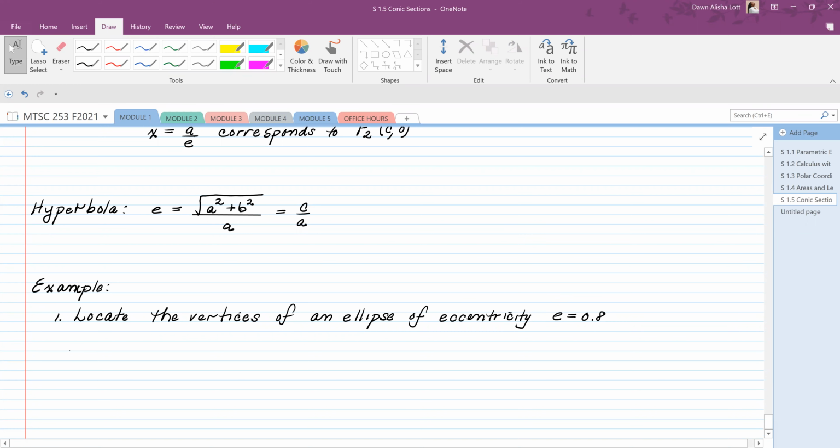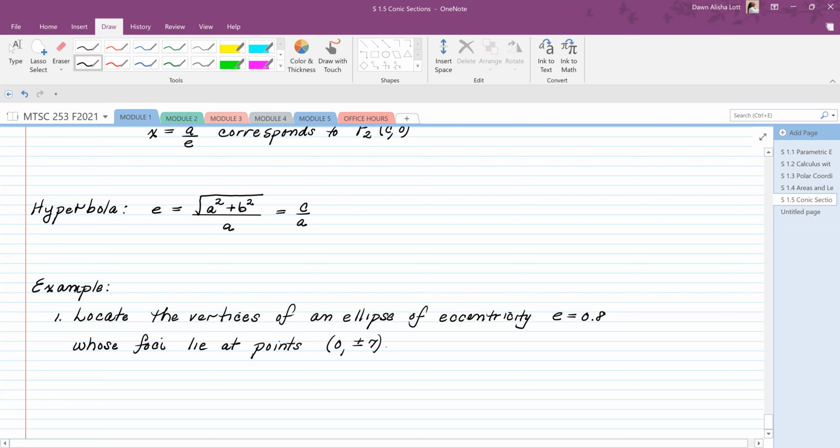Whose foci lie at points (0, plus or minus 7).